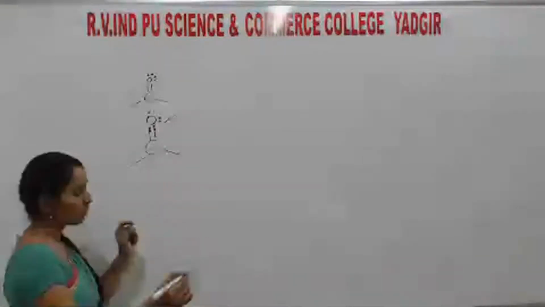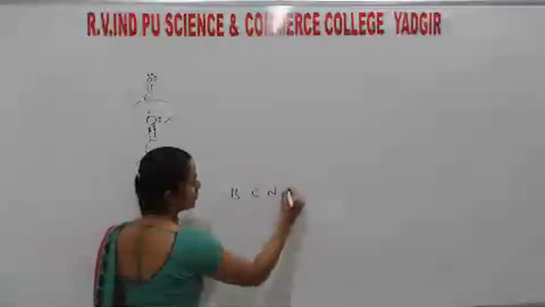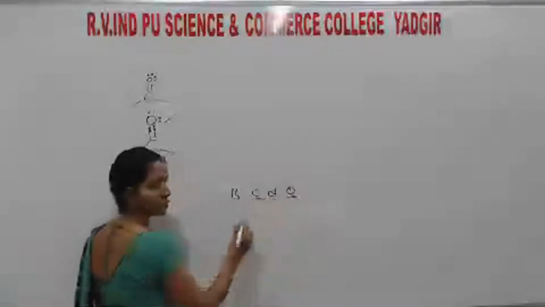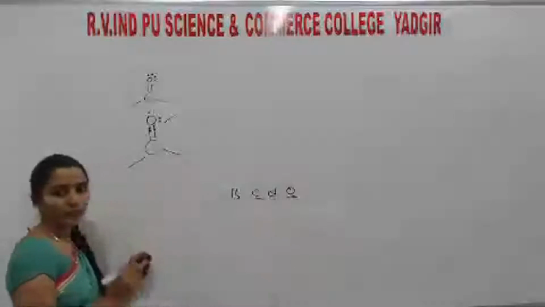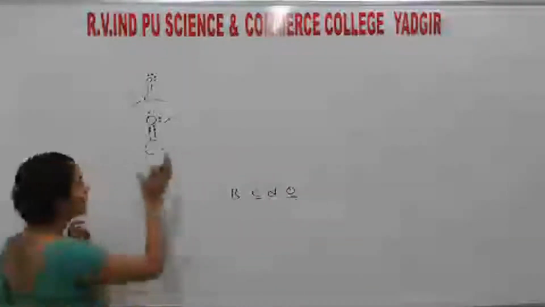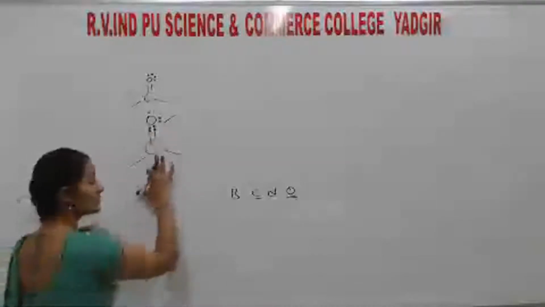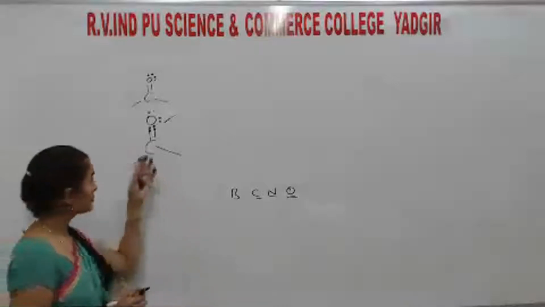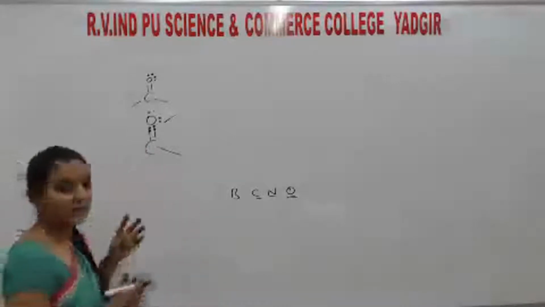Along the period, boron, carbon, nitrogen, oxygen, electronegativity increases. Oxygen is highly electronegative compared to the others. Because of this different electronegativity, polarity will exist.